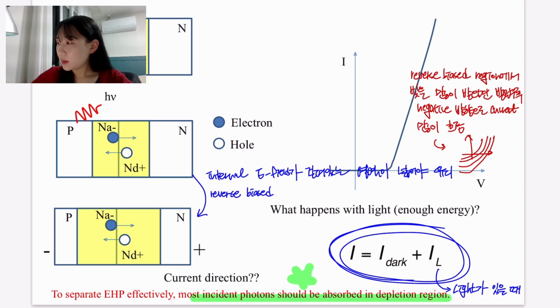So if the material has more light in the reverse bias region, then more current flows in the negative direction. So the graph goes under and under, more under.